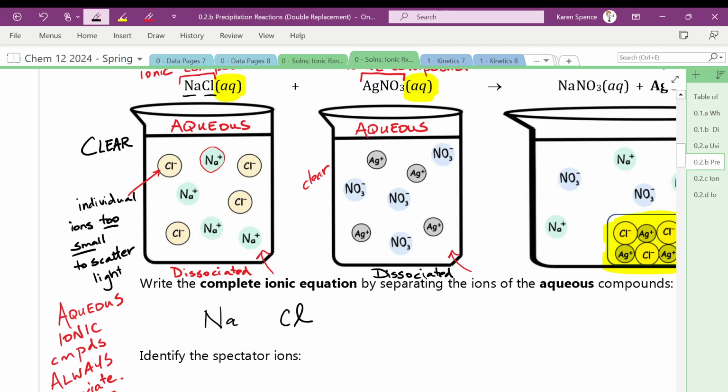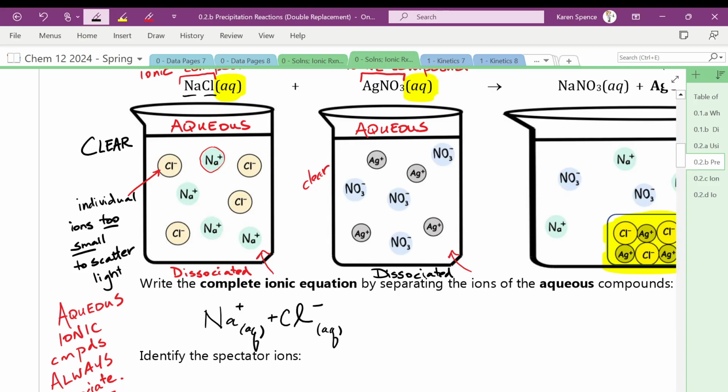What am I missing? I'm missing charges because they are ions. They're part of an ionic compound. So this is positive, this is negative, this is aqueous, and this is aqueous. So I also forgot my states. Anything else I forgot? Maybe a plus sign in between them. Okay? So there we go.